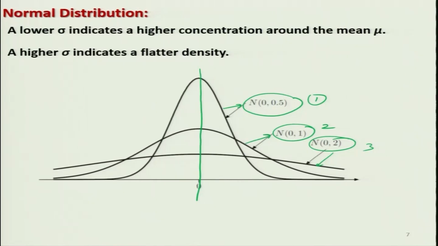Now you can see that in curve number 1 the variance is 0.5, in curve number 2 the variance is 1, and in curve number 3 the variance is 2. So, the value of variance is increasing from curves 1 to 3.